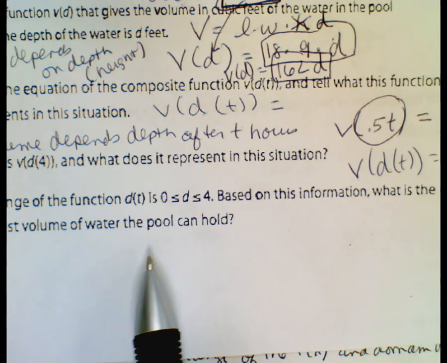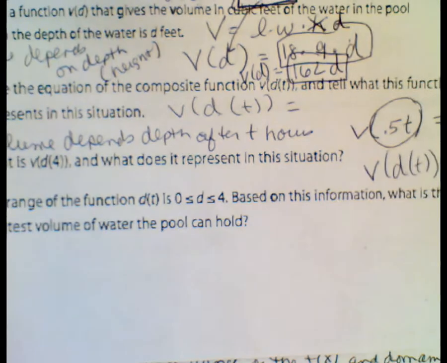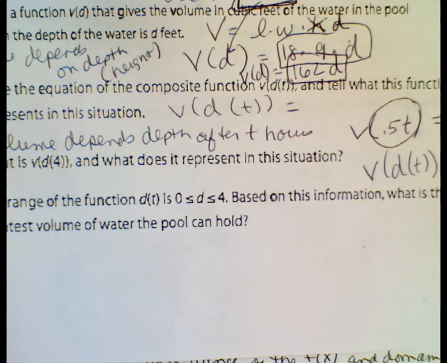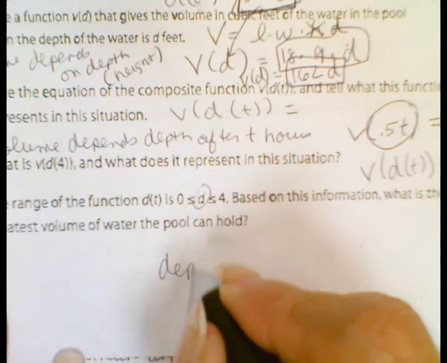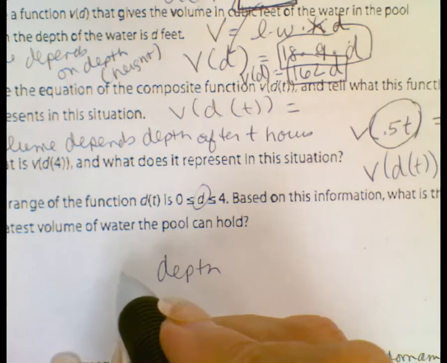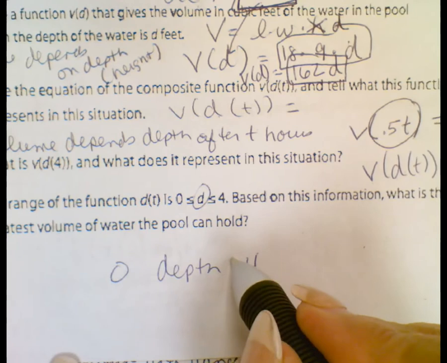What is the greatest volume of water the pool can hold? So basically it's saying that the depth of the water can only go from 0 to 4 feet.